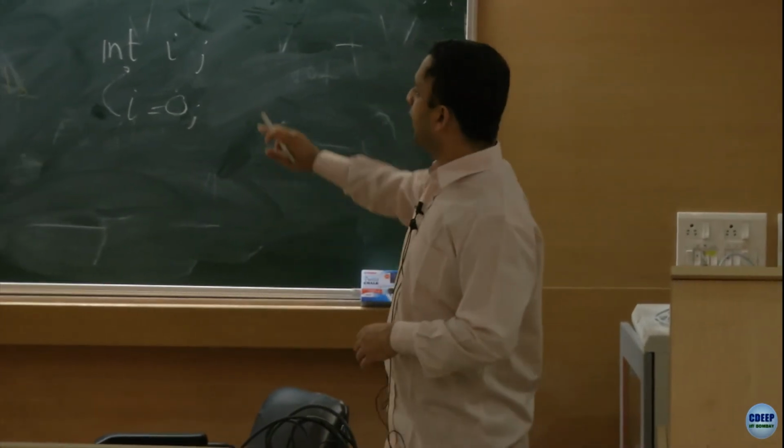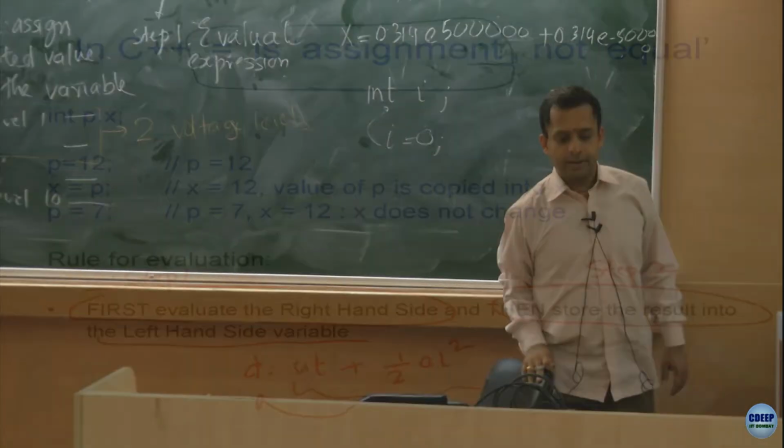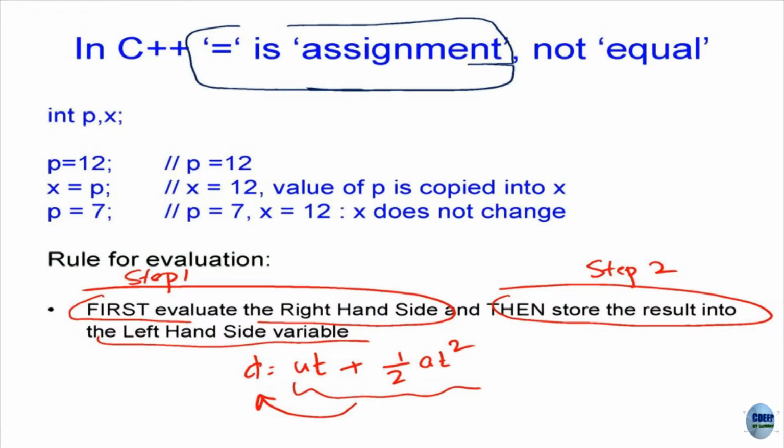Now a very important point which I mentioned earlier, but we're going to revisit, is that equal to is assignment. Okay, it's not equal, and it's not testing for an equality, but it is a process. It's basically saying evaluate the right hand side.